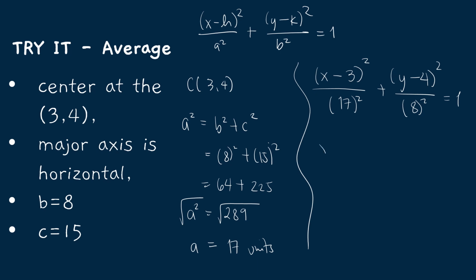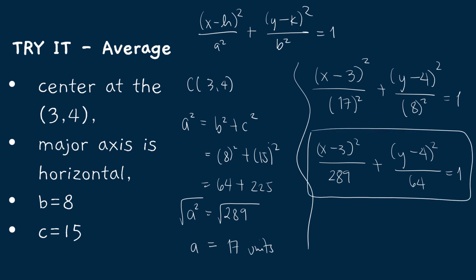So that results to (x minus 3) squared over 289 plus (y minus 4) squared over 64 is equal to 1. And therefore, this is your standard equation for example number 3 with center at (3, 4), major axis which is horizontal, and b is equal to 8, c is equal to 15.